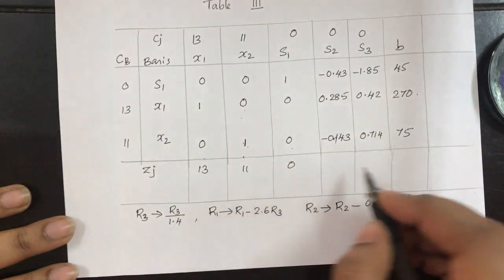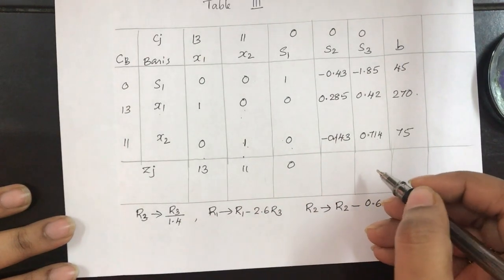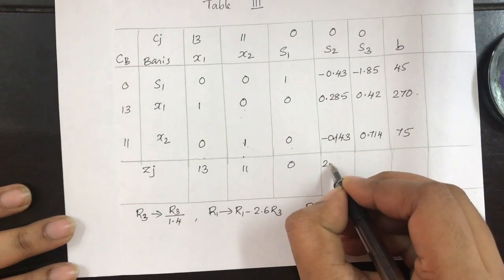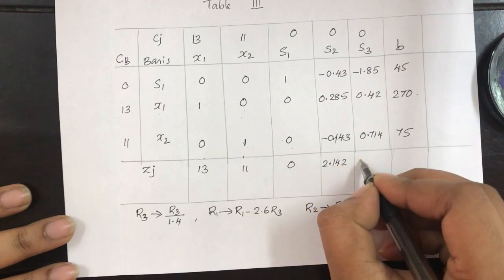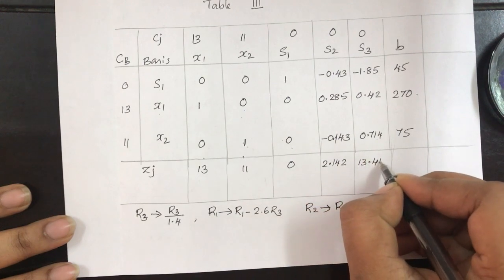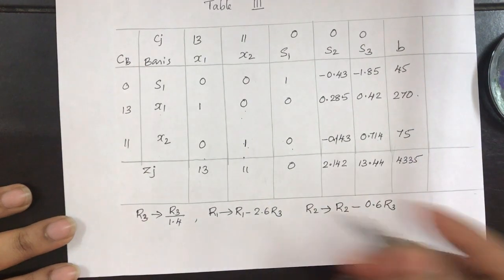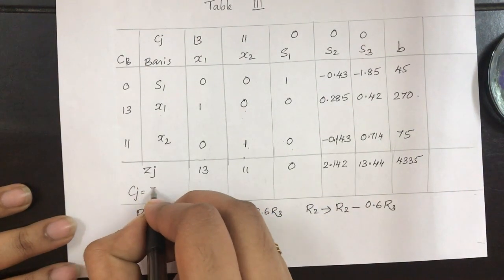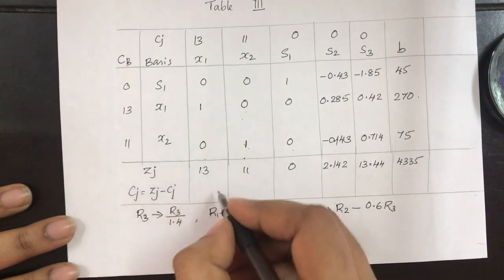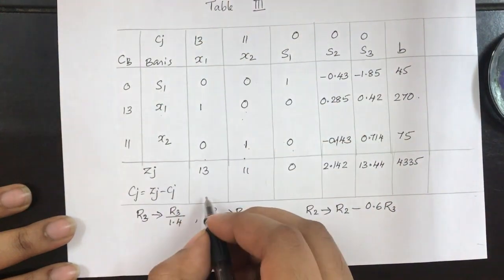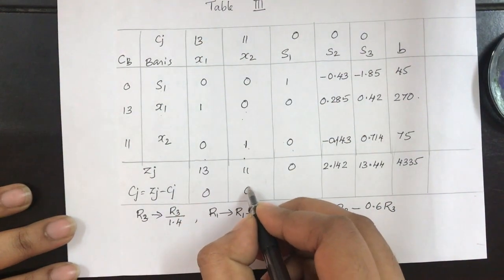Similarly, complete all the other Zj values: 2.142, 13.44, 4335.